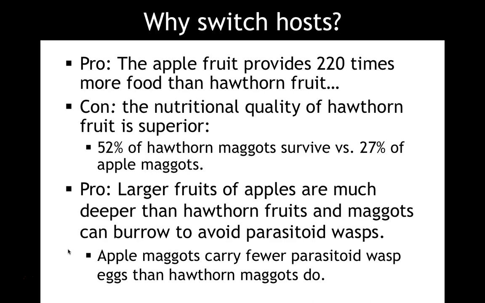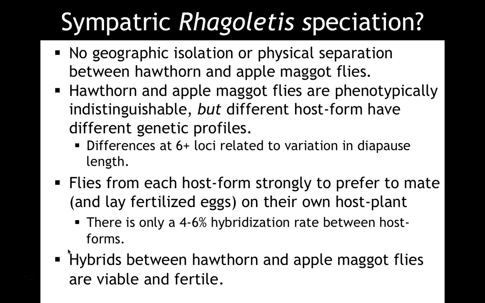It could be that their size is advantageous, so that because they're larger, the eggs can be laid deeper in them, and thus avoid the parasitic wasps that also lay their eggs and feed on the larvae. So there could have been a good incentive for individuals to start laying their eggs in other species, and a selective advantage to become specialized at exploiting that particular host, the apples, and form this new species. There could be a good selection pushing that.